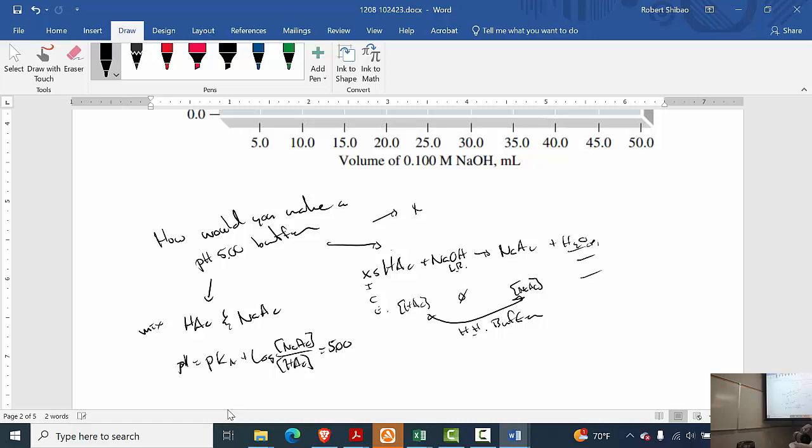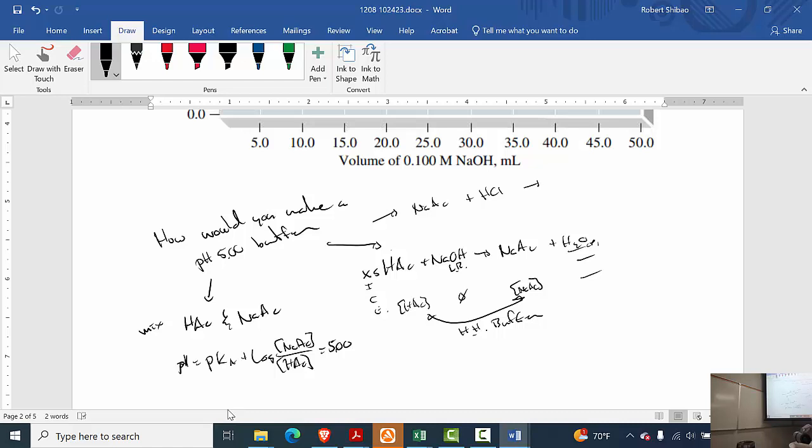Or you could go the opposite direction. You could take sodium acetate and do kind of a reverse titration where we're starting with a base and then adding acid, a strong acid like HCl. And this is going to form an acetic acid and sodium acetate mixture. We're also going to get sodium chloride as a product.